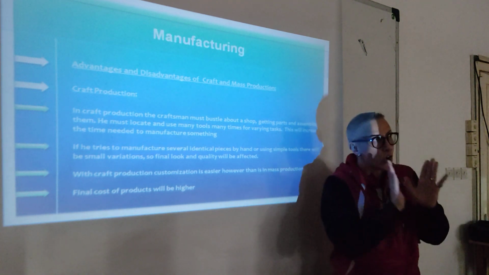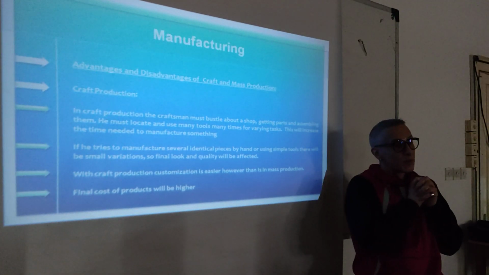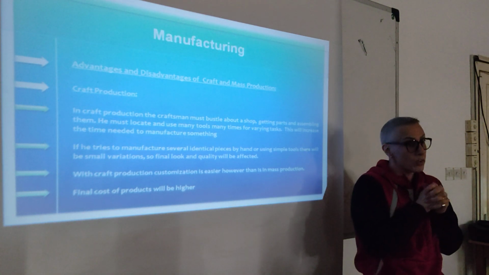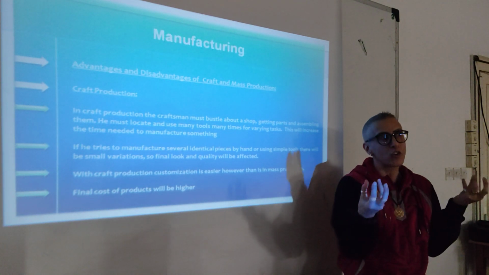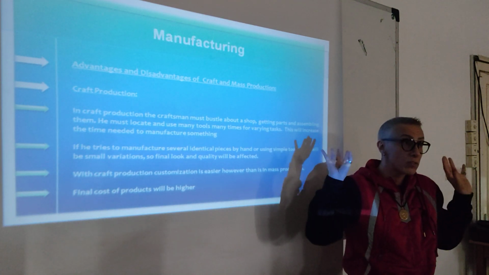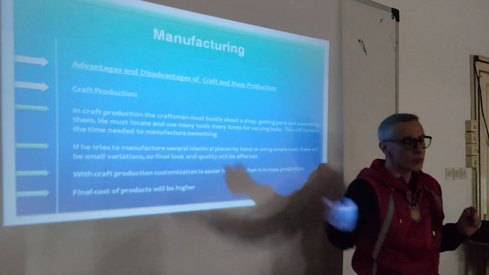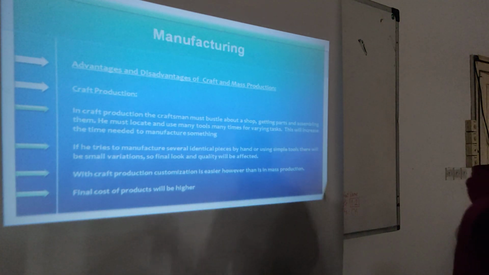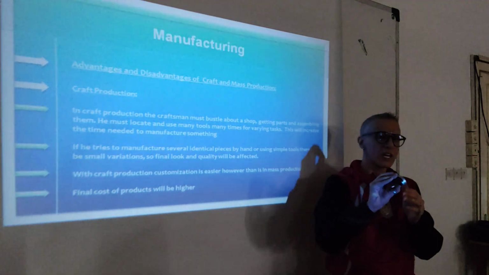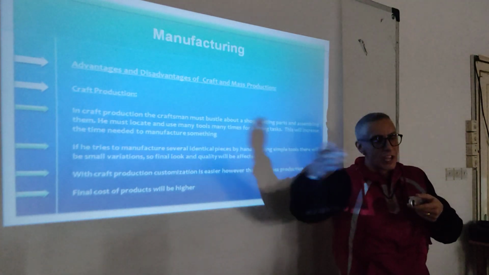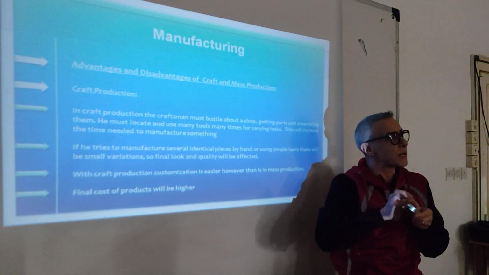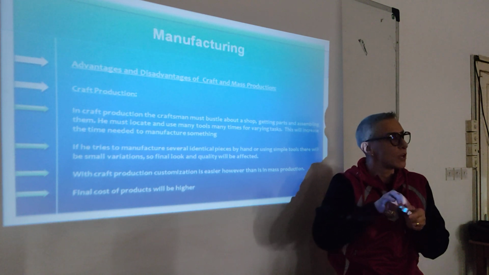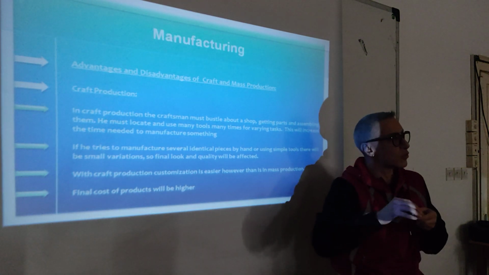With mass-produced products, the parts themselves cannot be customized the way you want. But at the end stage, for example, you might want something printed on them, a logo, or the color to be changed.